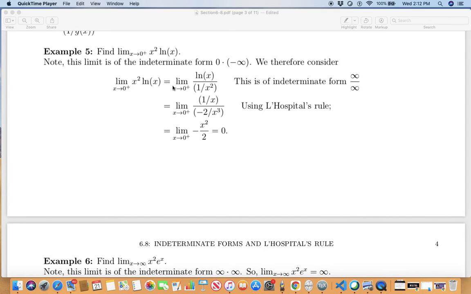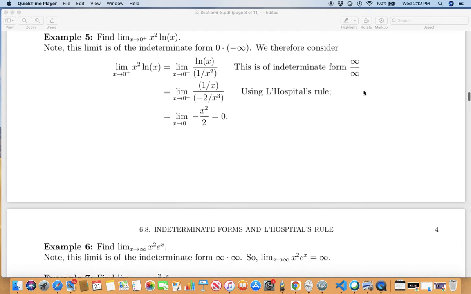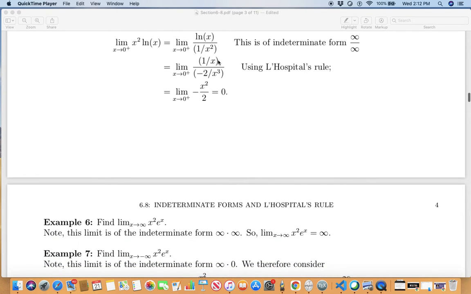Rewrite this by taking that x squared and taking its reciprocal downstairs. Now when x approaches 0 from the right, the numerator goes to negative infinity and the denominator goes to positive infinity. Either way, this is an indeterminate form of the type infinity over infinity. So what do we do?